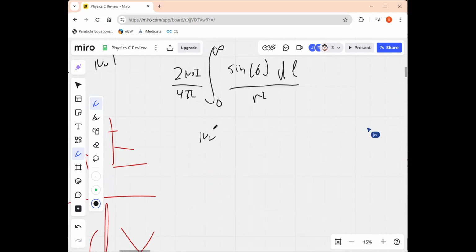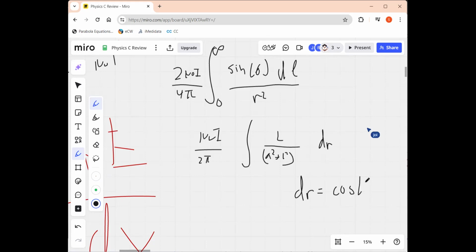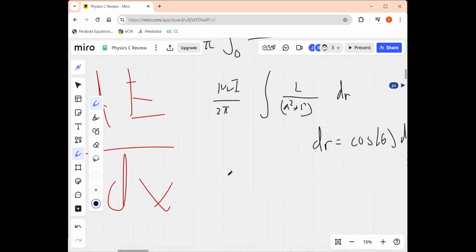So mu naught I over 2 pi integral of, and so because we're gonna use the bounds, because we can say dl, that integral is equal to mu naught I over 2 pi r integral of cosine theta.